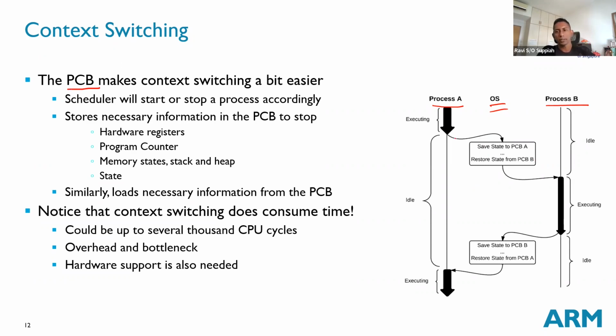When I'm switching from task A to task B, I first need to save the context of task A, that means save the current state to the process control block of task A. Since I want to run task B, I need to restore from the process control block of B. Once I'm done with the execution and want to go back to task A, I do the reverse: save the state to the process control block for task B, and restore the state from the process control block for task A. This is happening very, very fast in the background.